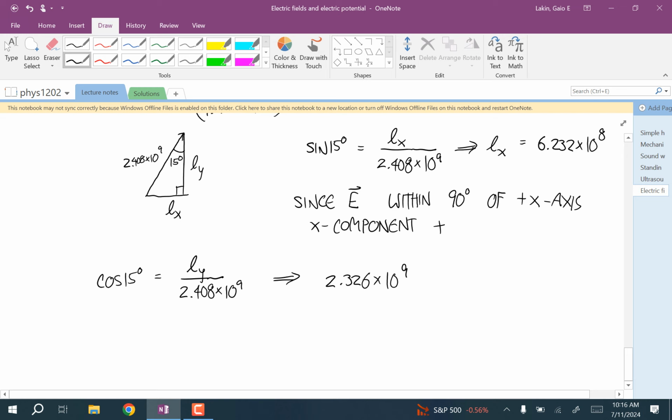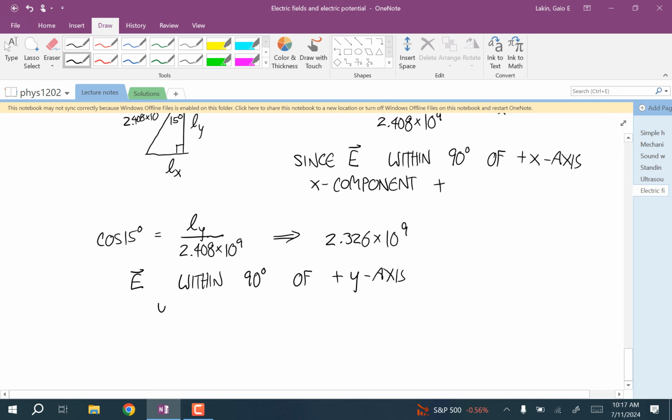Now we have to think, is this E vector within 90 degrees or more than 90 degrees from the positive y-axis? It's less than 90 degrees. It's close to the same direction as the positive y-axis. And so that says that the y component is also positive.